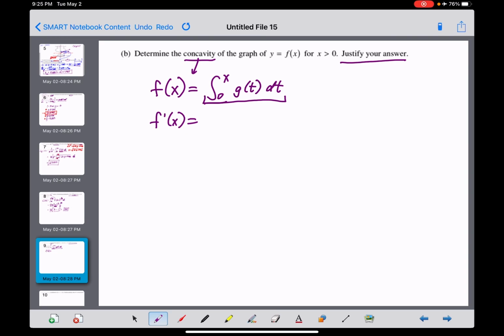A definite integral with a constant on the bottom and an x on the top just becomes g of x. Okay, the derivative and the integral cancel each other out. And then f double prime of x would just be the derivative of the right side, which is g prime of x. All right, so if we have that, we're making some progress right now, but now we better find g prime of x.